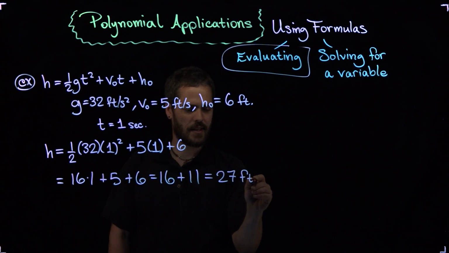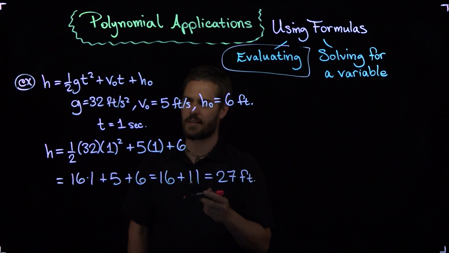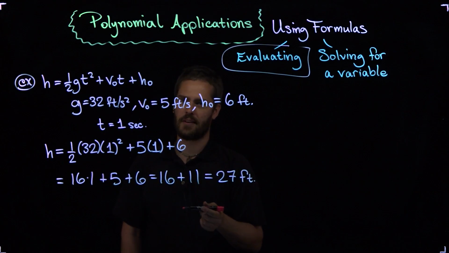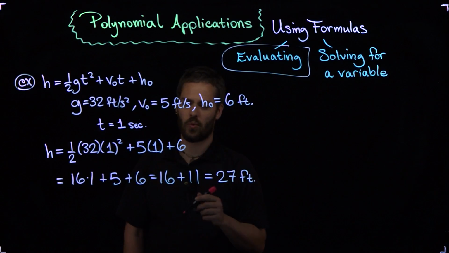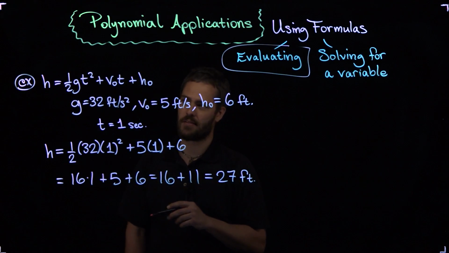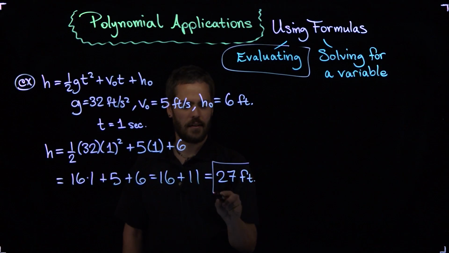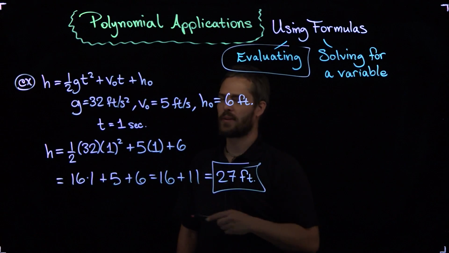The height is going to come out in feet. So for an object that started 6 feet high and was given a kick of 5 feet per second, after 1 second it is exactly 27 feet high. And we have used and evaluated this formula.